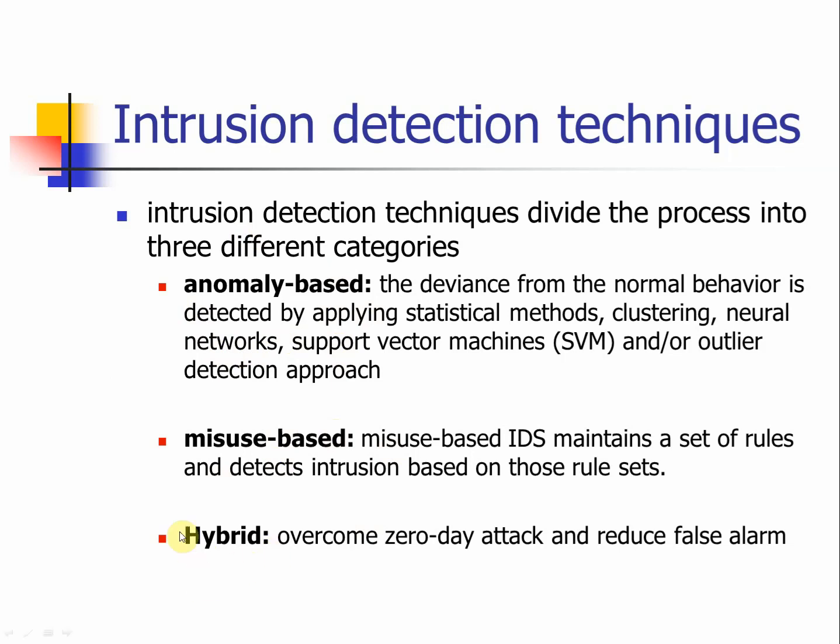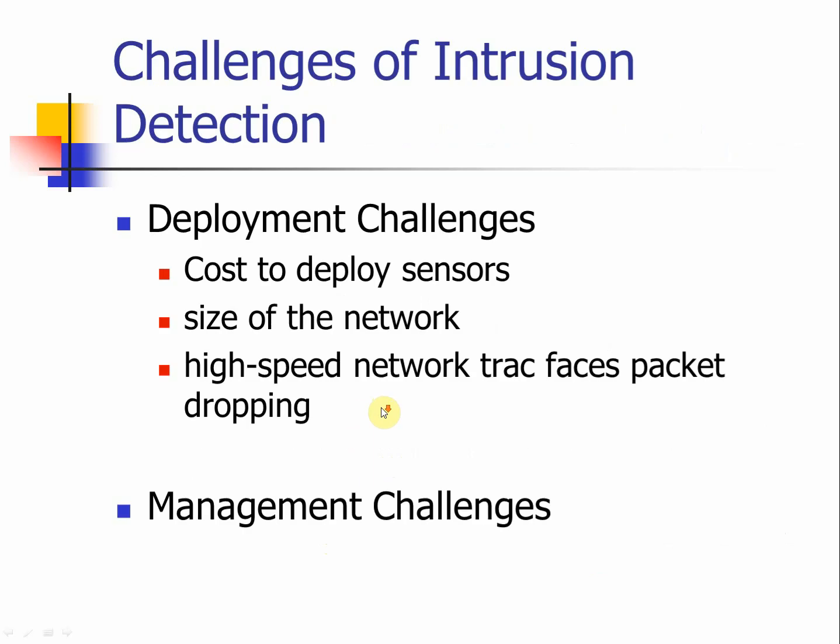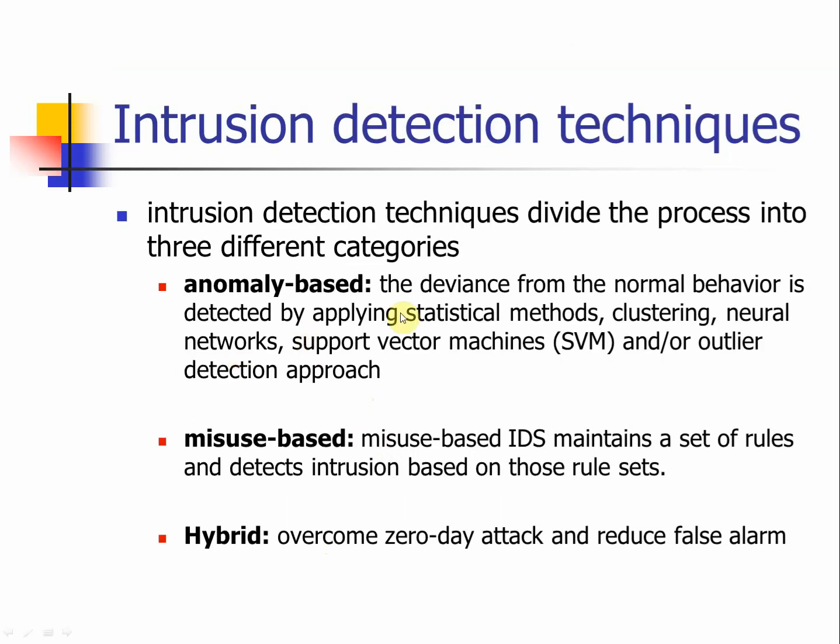Of course, the hybrid version is the combination of the two. Why do we need the hybrid version? Of course, it's because both of them have some problems. The first one, anomaly-based, has the problem that the false positive rate may be high because, like I said, we may be able to pick up 1% of the outliers, and maybe only half of those are really attacks, so we will end up with a high false positive rate.